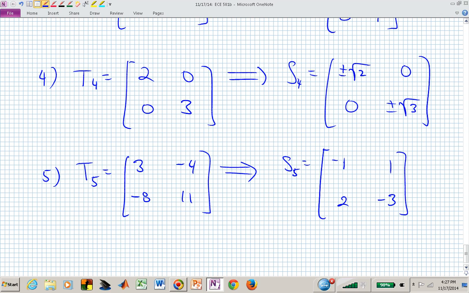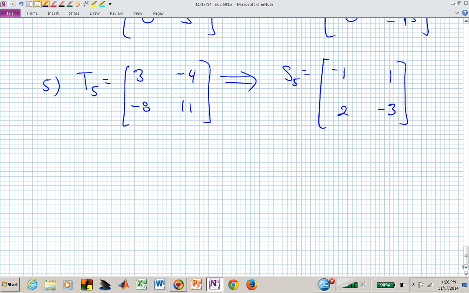Unlike a number, where we have to introduce complex numbers if we start taking the square root of negative numbers, here we can actually have some negative elements in our matrices and still have square roots. So there's a square root for t sub 5.